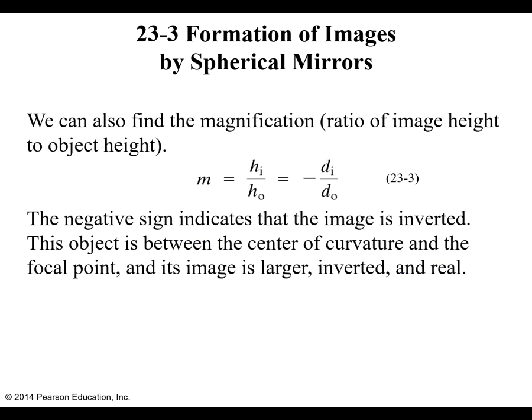We can also find out how much bigger the image is going to be using the magnification equation, where m is the magnification. Simply, the magnification is just the ratio of the image height compared to its original object height. So it's just image height divided by object height. But using geometry, we find that that is also equal to the negative image distance divided by the object distance.